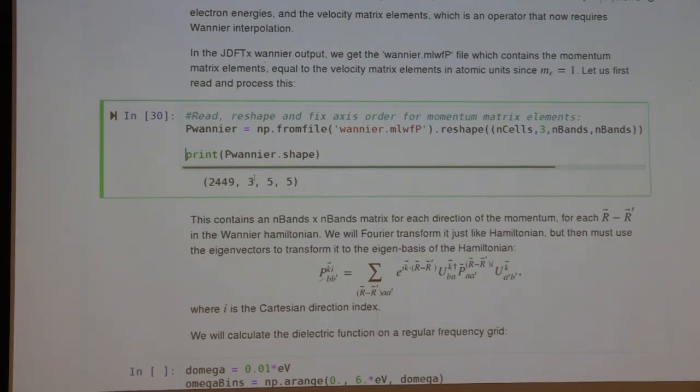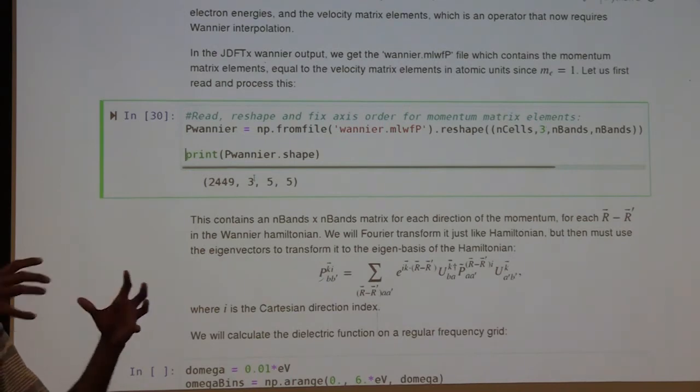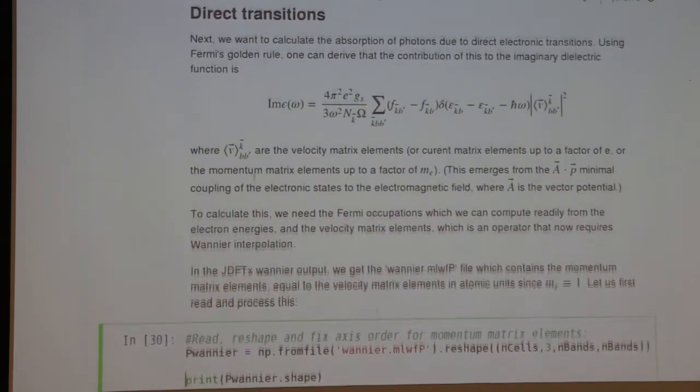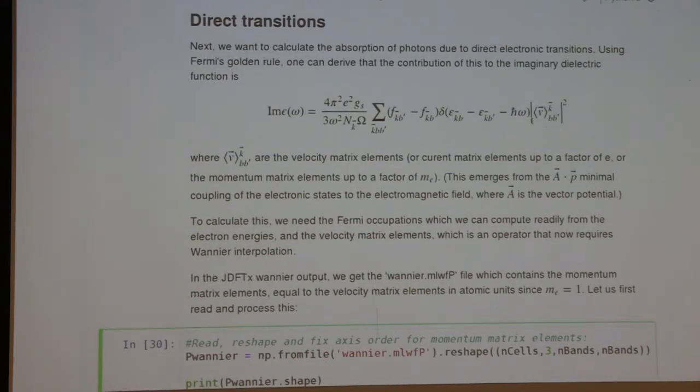Right? Now, when I did the Hamiltonian, I Fourier transformed the Hamiltonian, and then I diagonalized it to get the energy eigenvalues and eigenvectors. When I'm doing this with the momentum, I'm not going to diagonalize the momentum operator. What I need is the momentum operator in the basis of the energy eigenvalues, because I need to know what are the momenta of each state, and I need to know what is the momentum expectation value between 2 states, because those are what will lead to transitions over here, or the velocity matrix elements.